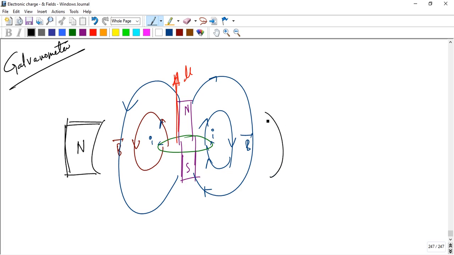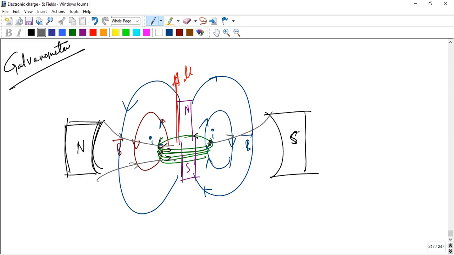Suppose that's the south pole, and that line is a curve because there is suppose n number of turns here, and the current direction. That's the current direction, n number of turns, and the magnetic field. This curved line represents the field crossing this coil.